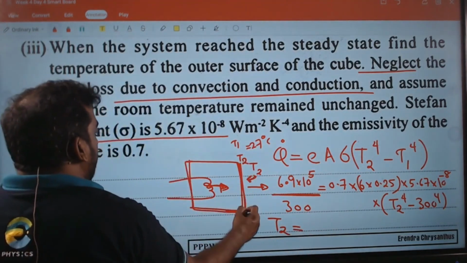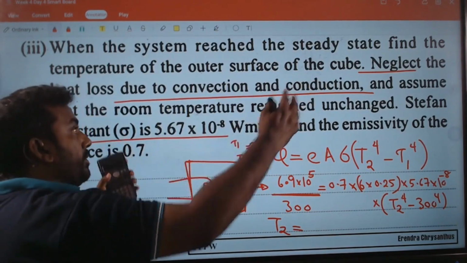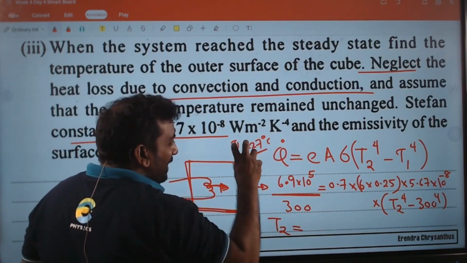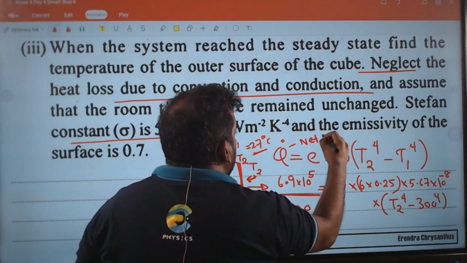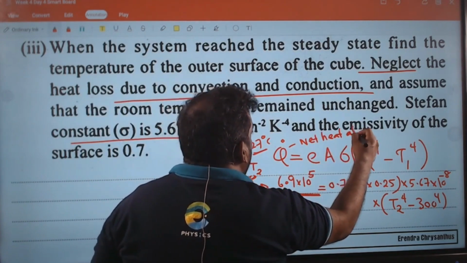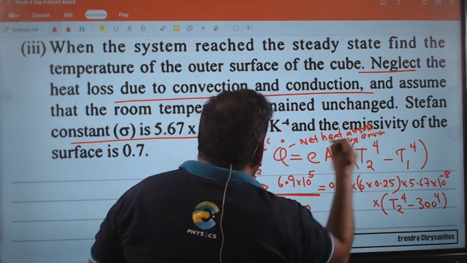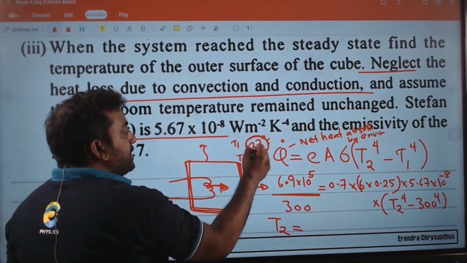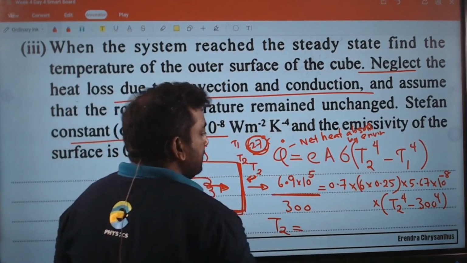Outer surface temperature T2, room temperature 27. So this is giving heat, this is absorbing heat. Net heat absorbed by the environment. From the outer surface heat is given, from 27 it's absorbed. The net heat is the difference.